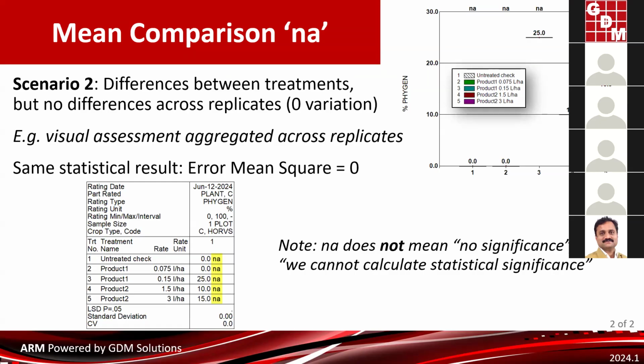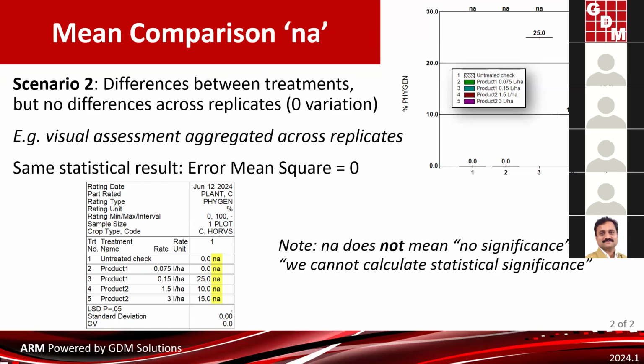The other scenario where this pops up ends up with a little more discussion, just to understand why this is the case. The same NA will come up even if there are differences between treatments, but there's no differences in the response across replicates. The example we'd run into is if you did a visual assessment and aggregated, okay, treatment number 2, I'm spot checking across each replicate to get this visual 10%. So for treatment 4, it's 10%.